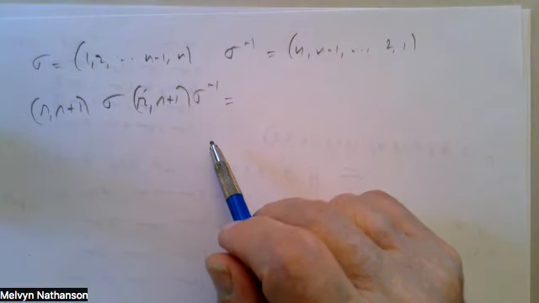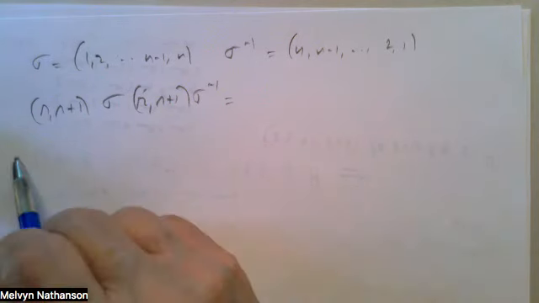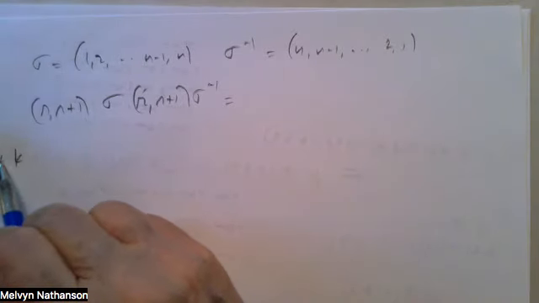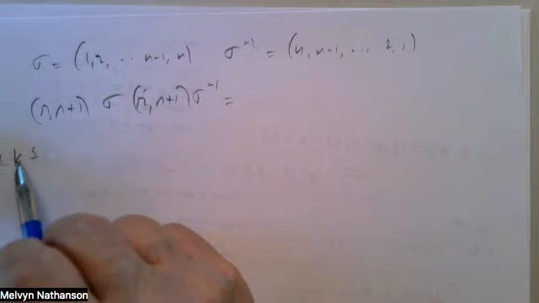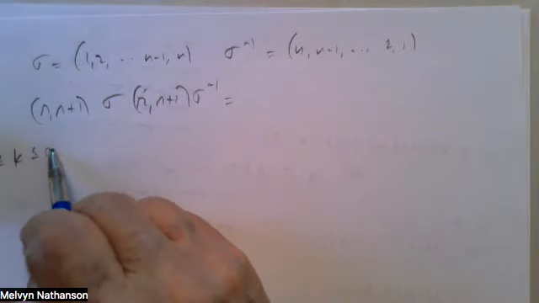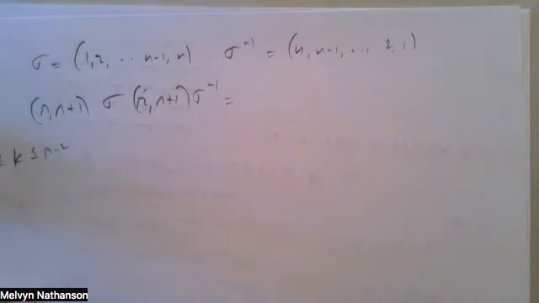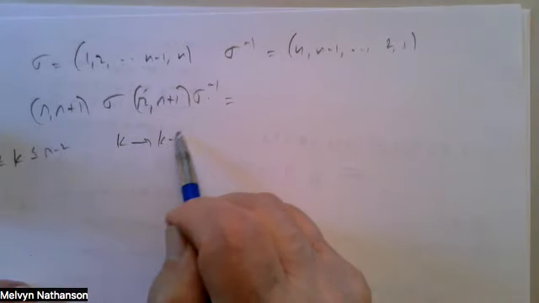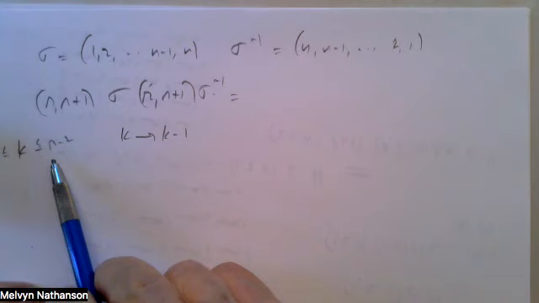Suppose I take a number k, which is less than or equal to R minus 2. So this sends k to k minus 1.